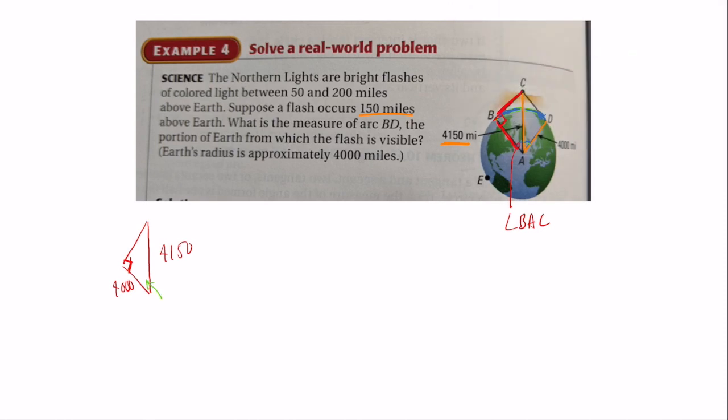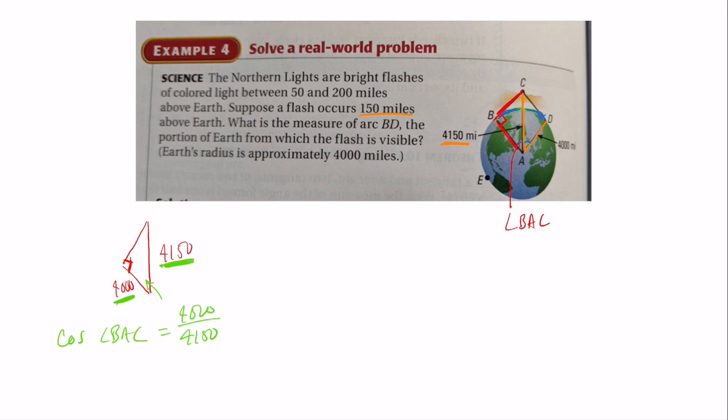Well, if I'm looking at that angle, what I have is the adjacent side and the hypotenuse. So again, I'm using cosine. So I know the cosine of angle BAC is the adjacent, 4,000, over the hypotenuse, 4,150. But what I want is the angle.